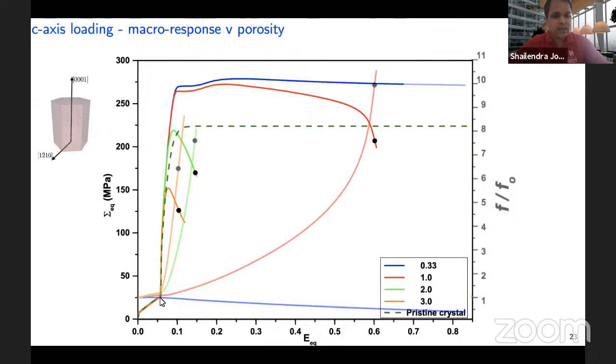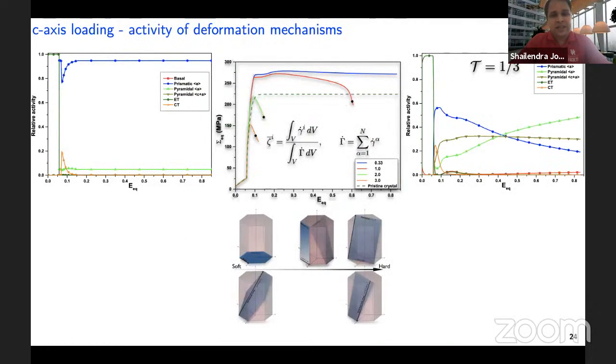Immediately as reorientation occurs, when twinning is completed, you see that the void responds to that exhaustion of twinning in a remarkable manner, which is now sensitive to the applied load state. And the reason that happens is because, again, if we look at the relative activity plots, we see that for the pristine crystal, as expected, the initial deformation is entirely dominated by extension twins.